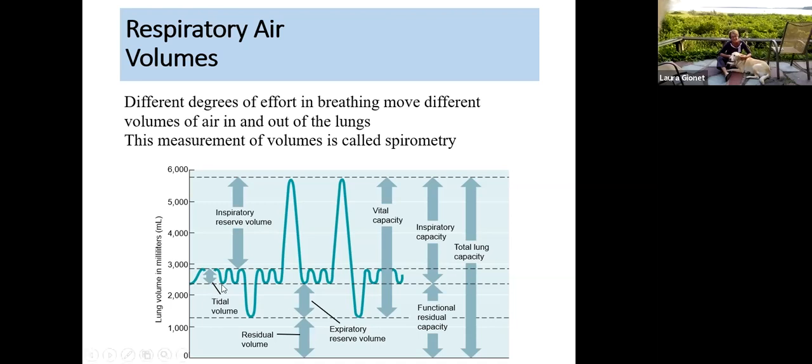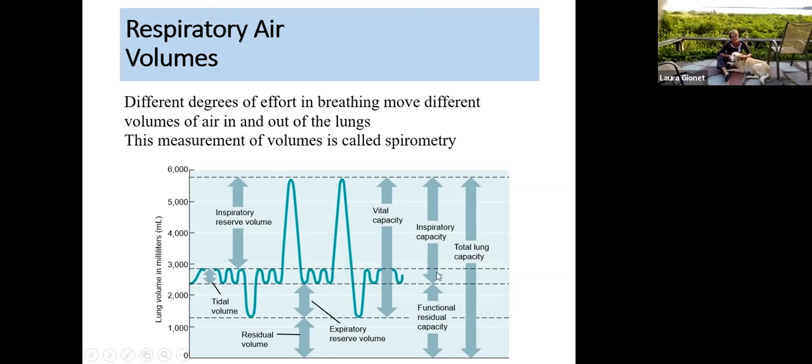All right, so we're going to look at what tidal volume is right through the center there, what inspiratory reserve volume is, what expiratory reserve volume is, and what your residual volume is. Most people will ask you, maybe by definition, what are the volumes?